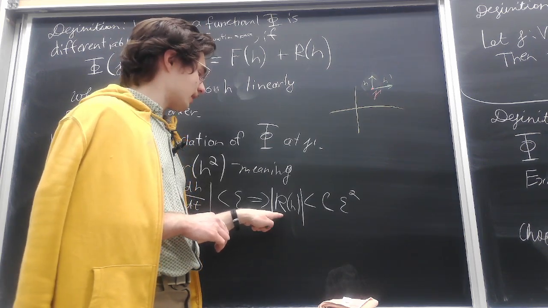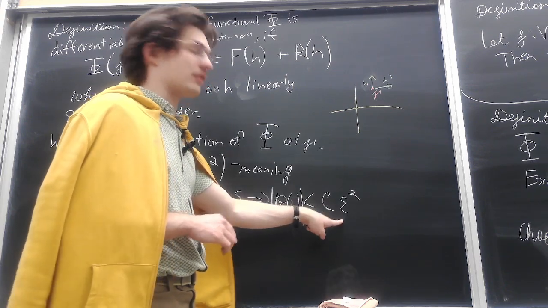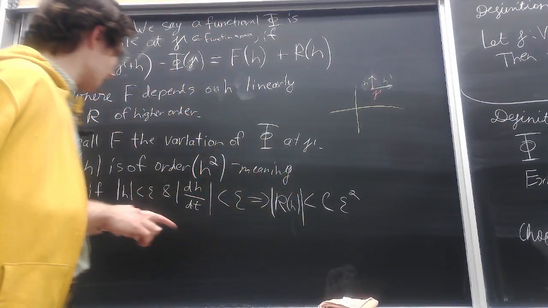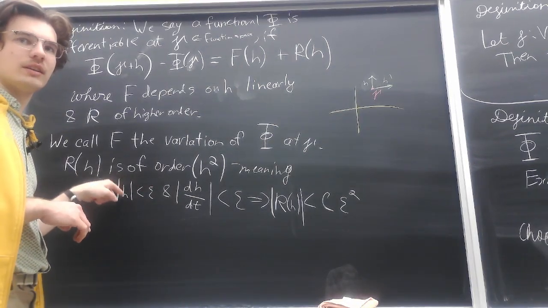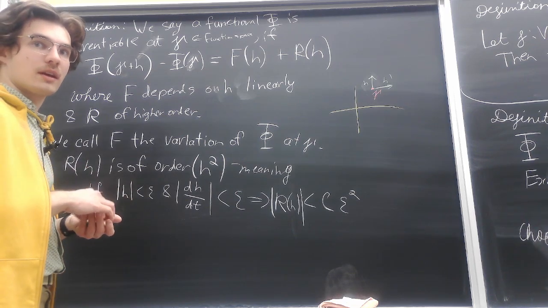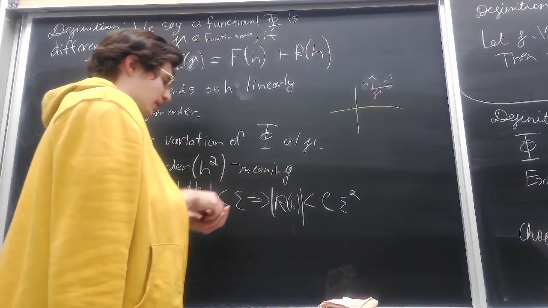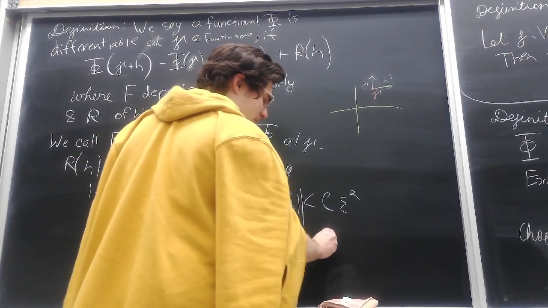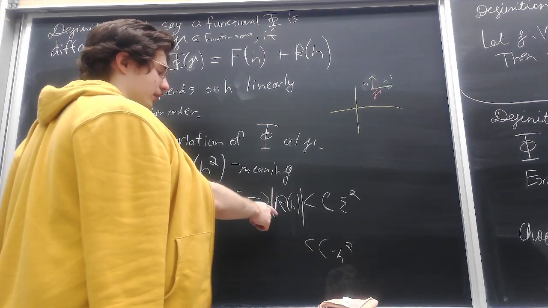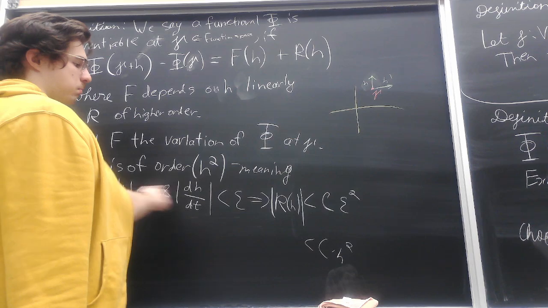So you're saying that if h is very small, like epsilon, then R of h has to be less than h squared in some sense, which is epsilon squared. You want to write down something like R of h is less than C times h squared, but that doesn't make sense because R of h is a number and h is a function. So you come up with these conditions.